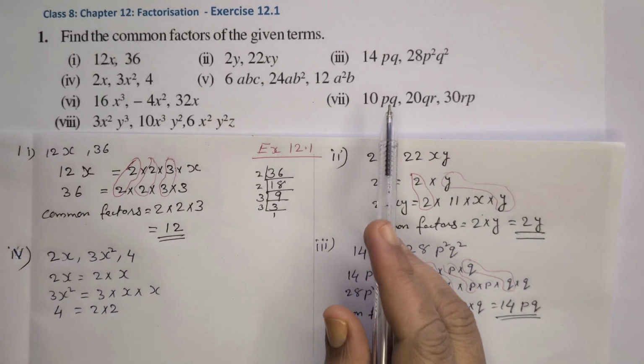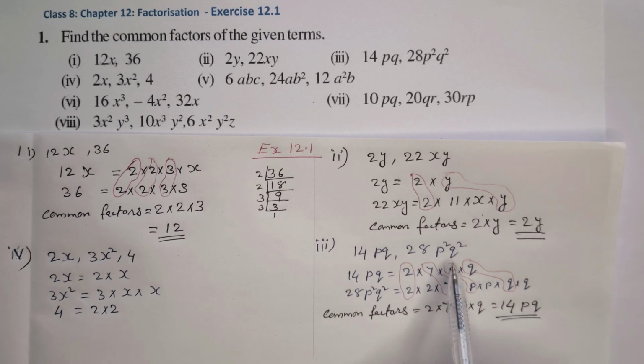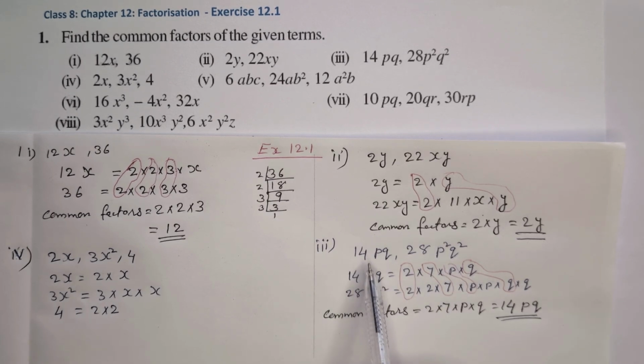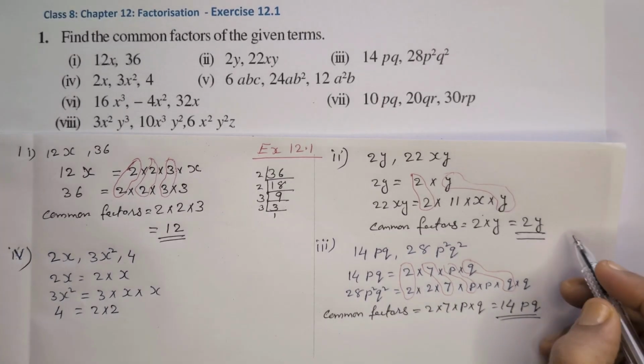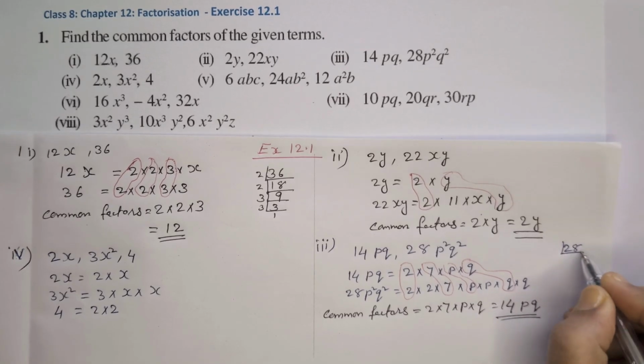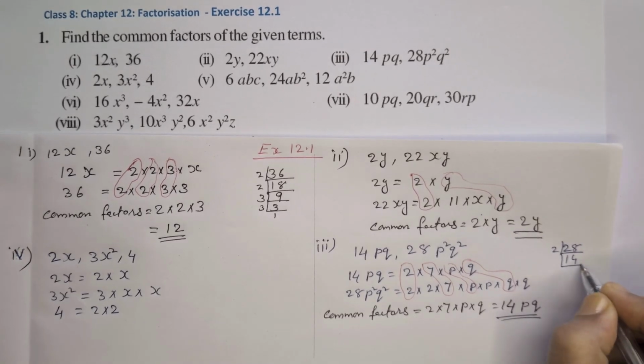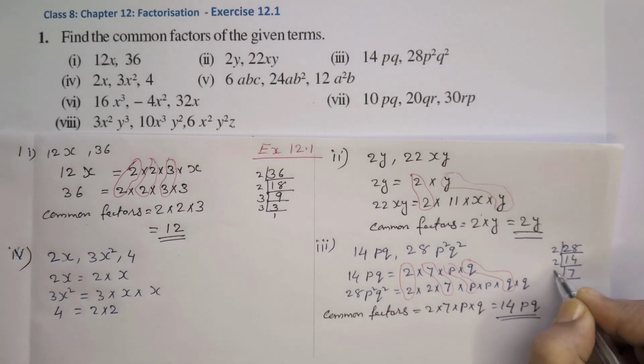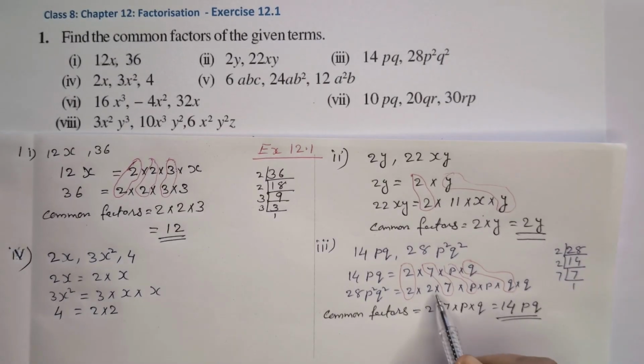Here third one, 14pq, 28p square q square. 14 we prime factorize, we get 2 into 7, then p into q. 28, when we do the prime factorization, 28 divided by 2, 14, again by 2, 7, and 7. The prime numbers are 2 into 2 into 7.